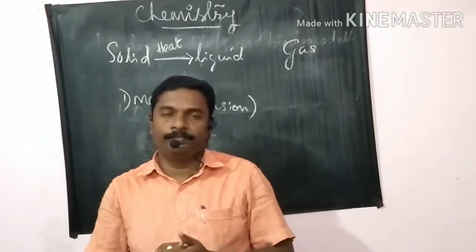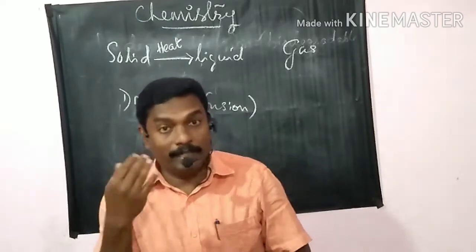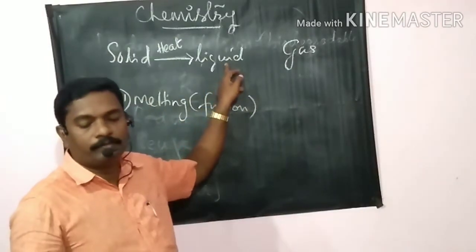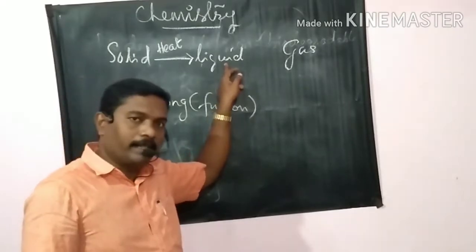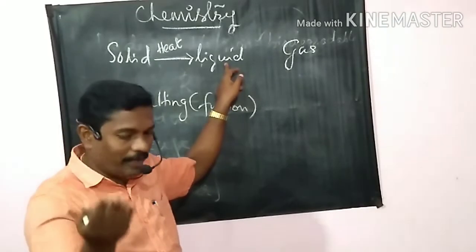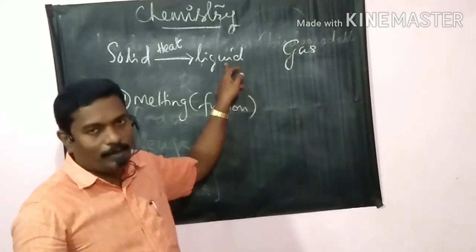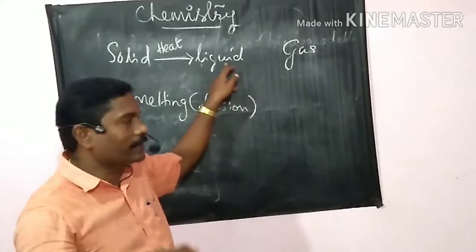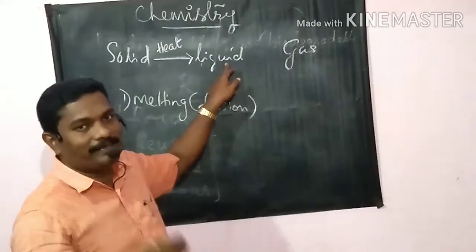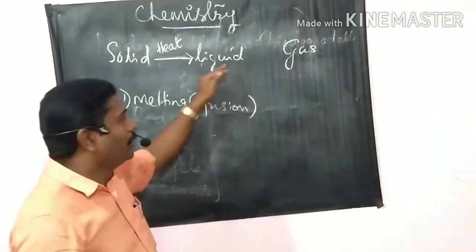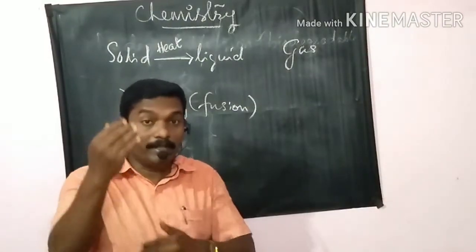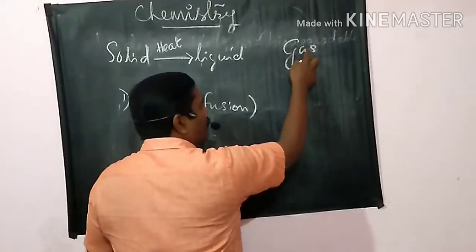And when we apply heat energy to the liquid state, what will happen? The particles will move even faster, and it starts boiling. During boiling, it converts to which state? Gaseous state.